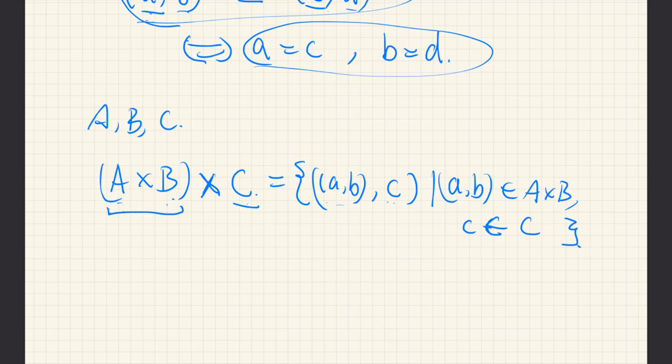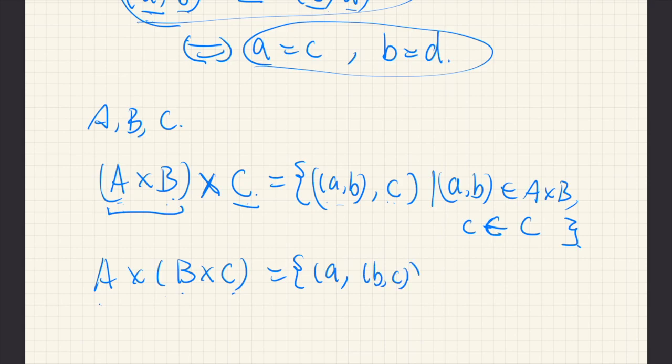And similarly, we can define another Cartesian product in this way. First, we make the product between B and C, then with that, make the product with A. Okay, the order matters. So in this case, we could write A and (B, C).